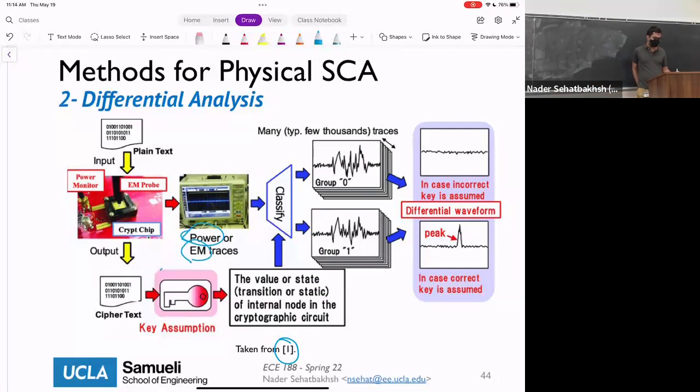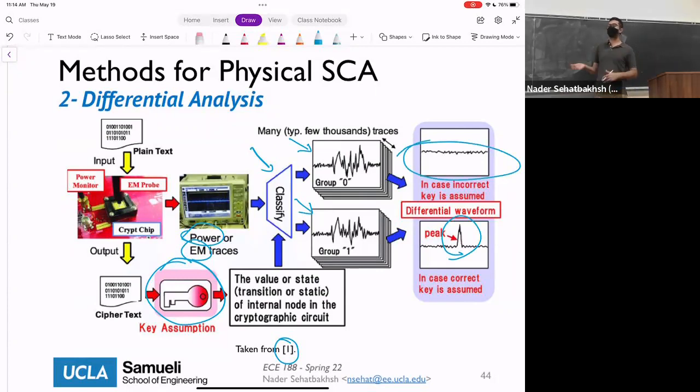We make some assumption about the key. Based off that, we classify the signals into two groups. And if the assumption was correct, then we will see a peak like this. If the assumption is not correct, then we are just subtracting two random behaviors from each other. So we will see something like this. And this way you can know whether the assumption about the key was correct or not.